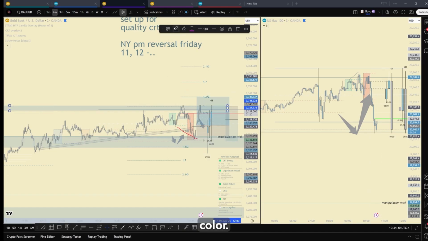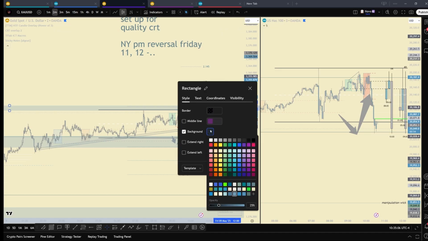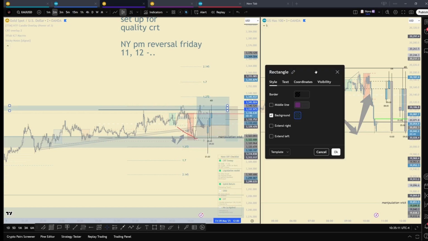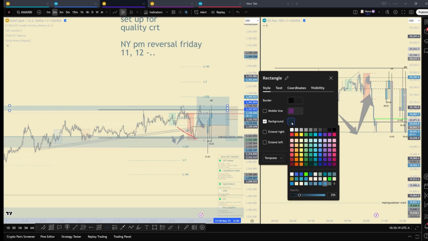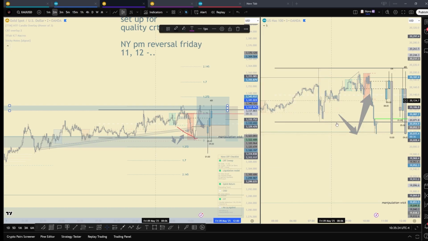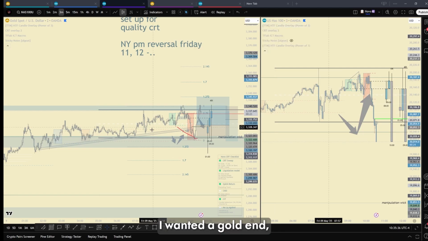Let's make this a different color. On today, gold and Nasdaq are inversely correlated.